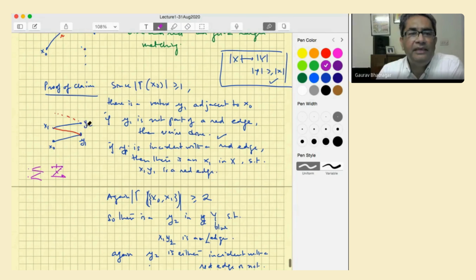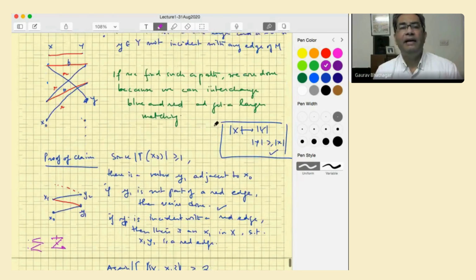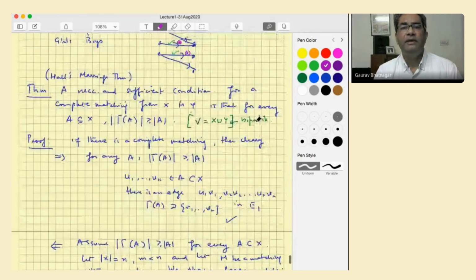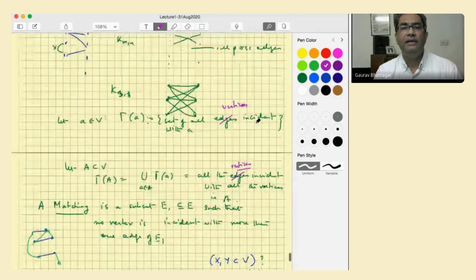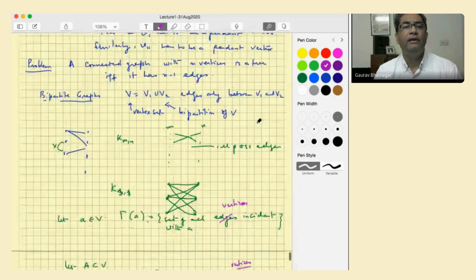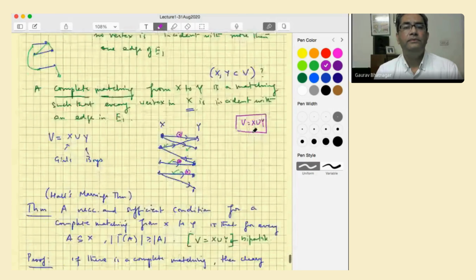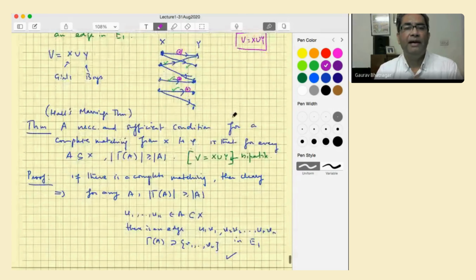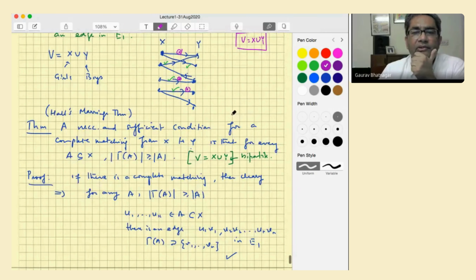So really, this gamma should be a set of vertices, and I think he requires bipartite too, which he doesn't make clear. So I didn't write that, but bipartite is also required. So this theorem is for a bipartite graph. Yes, sir.